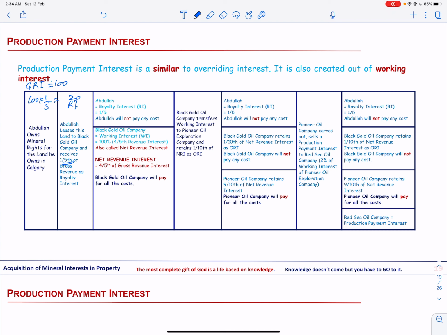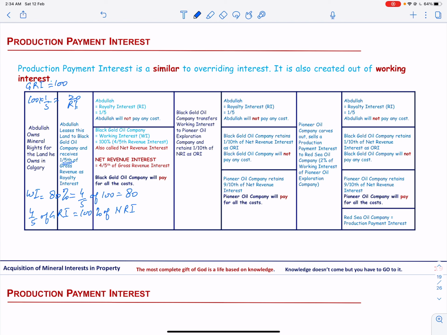The balance amount is the working interest, and this is equal to 80%, as 20% is for the royalty, and you can say it as 4/5 of 100, that is equal to 80. That means 4/5 of gross revenue interest is equal to 100% of net revenue interest.